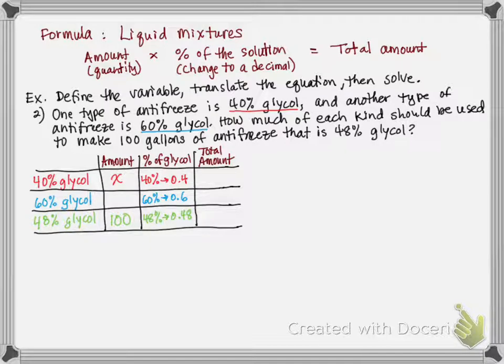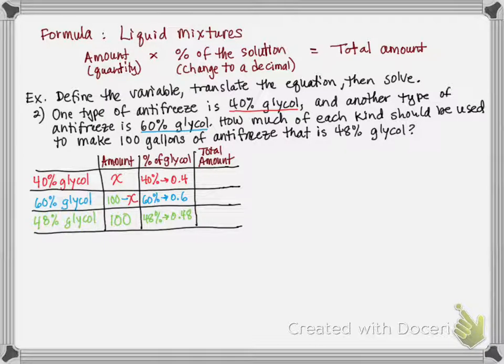So if I take 100 and I subtract the amount of the 40%, that's going to give me what I need. Okay, so what do I have?